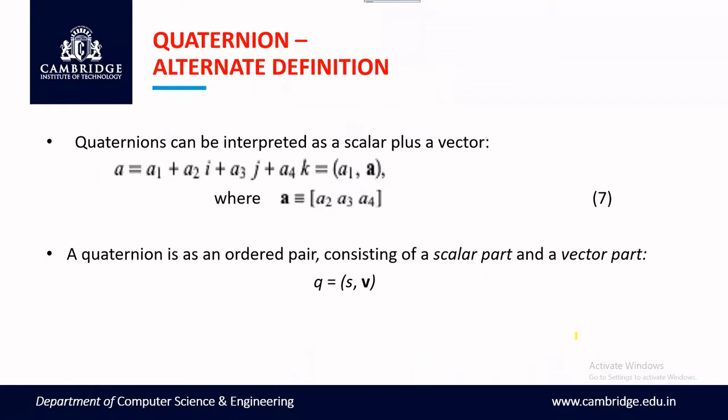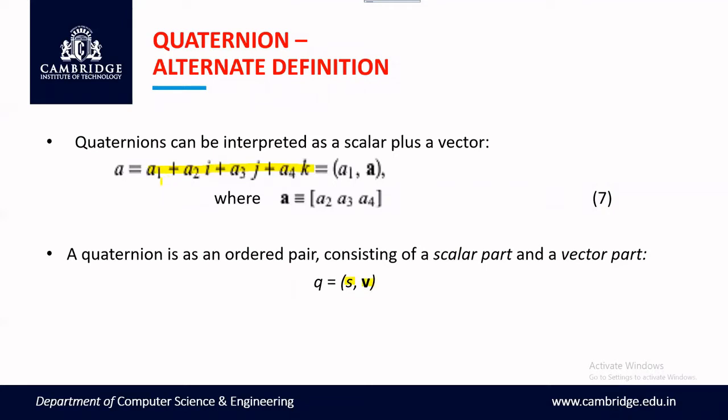We have an alternate representation for this quaternion. We have said that A equals A1 plus A2 i plus A3 j plus A4 k. Now this part is the imaginary part or the vector part, and this is the real part. So we can write this quaternion as a pair of a scalar part and a vector part.